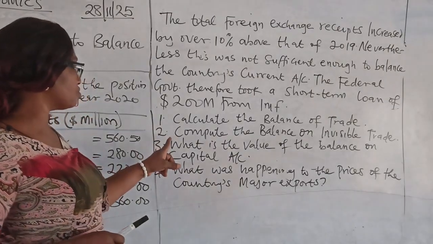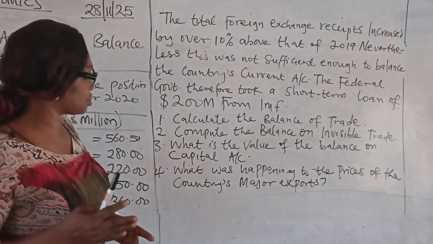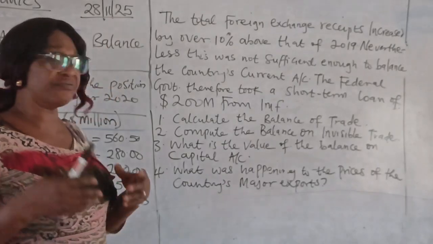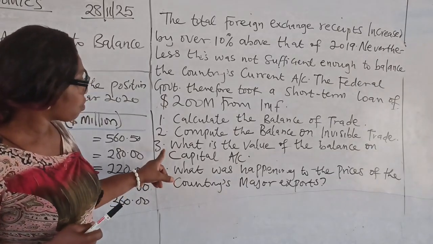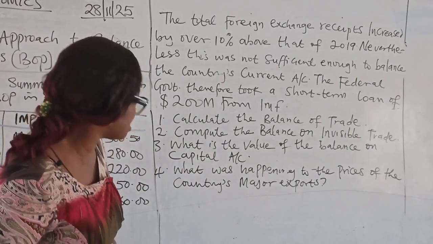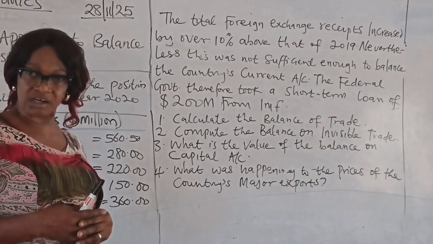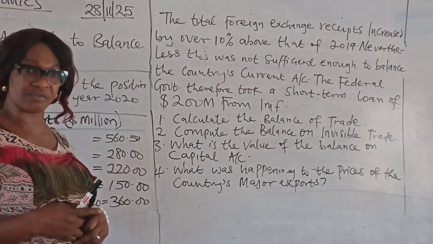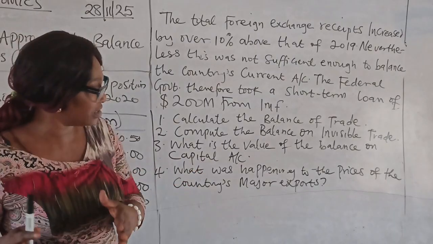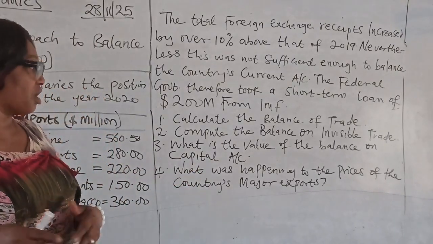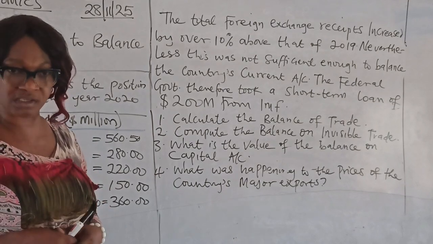So take note. Number two, they asked us to compute the balance on invisible trade. Number three, what is the value of the balance on capital account? Then number four, what was happening to the prices of the country's major exports?